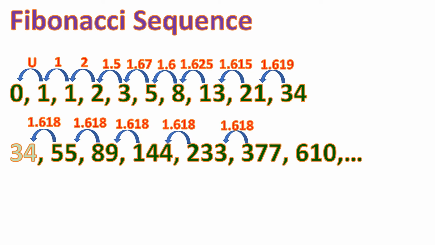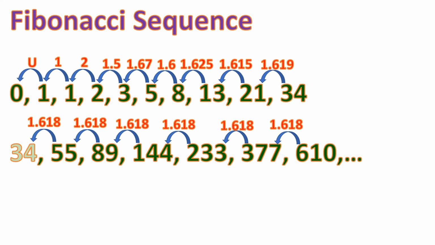And also 610 divided by 377 is approximately 1.618. So that is the quotients if you divide the terms with its previous term. And you will see that there is a common ratio starting from 34.